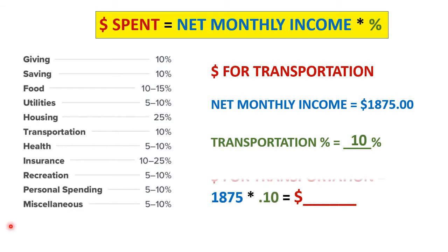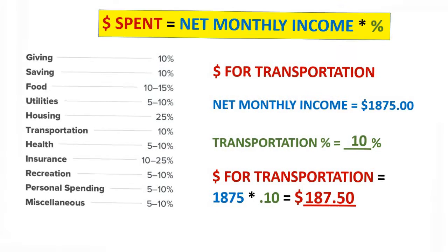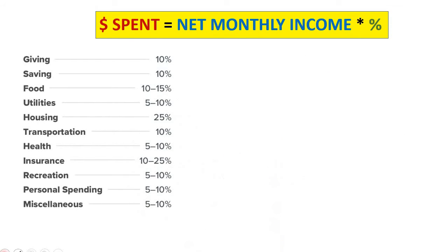And again, at this point, we're just using the formula, that net monthly income times the percentage. There it is. There's my percentage. So what is the dollar amount we're going to budget for transportation for the month? Awesome. 187.50. Beautiful.